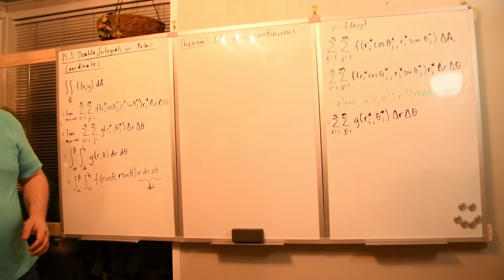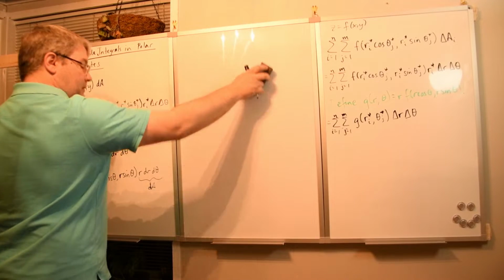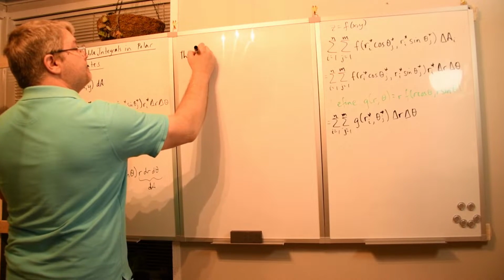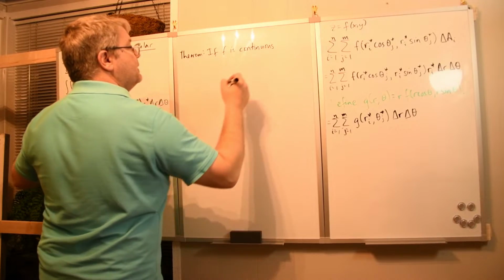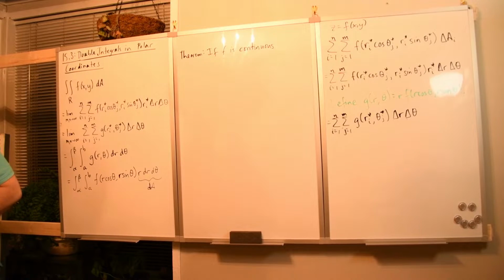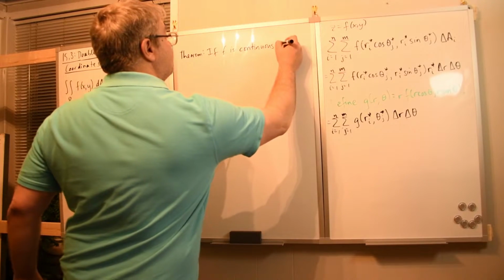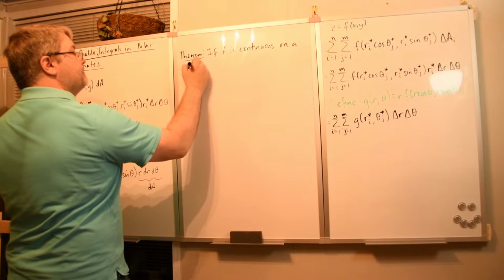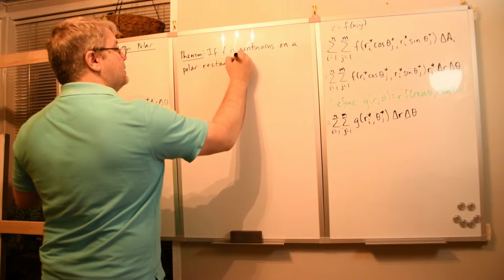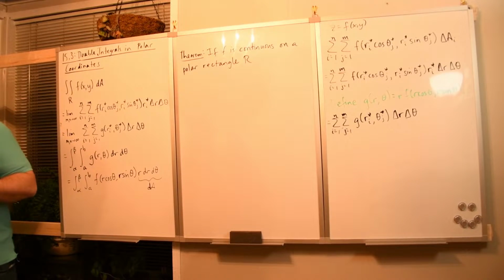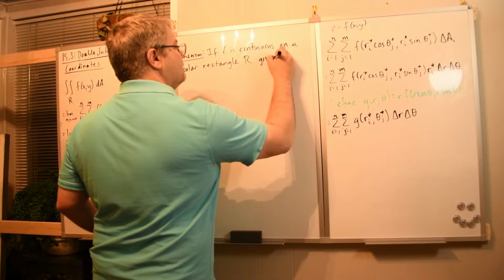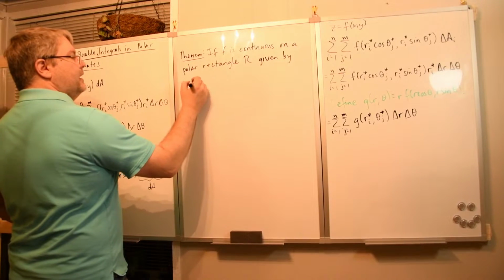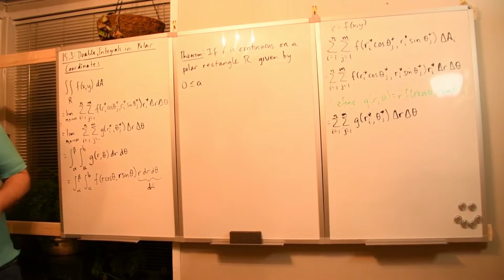Let's say we have a continuous function f, once again, continuous function f on a polar rectangle R. And so we're going to see how we're actually going to define R. So this is going to be given by, we'll have a greater than or equal to 0, but a is going to be our lower bound on little r.